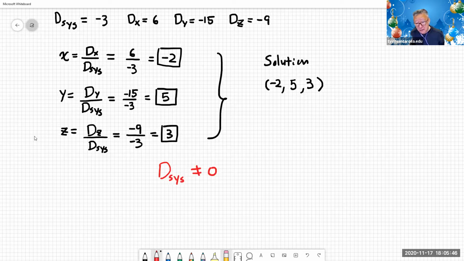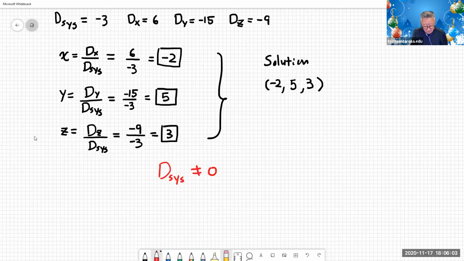So that's one of the conditions that you have in Cramer's rule. If you don't want to take care of that, then you can just go back to Gaussian elimination, find the z value, then start doing the back substitutions.